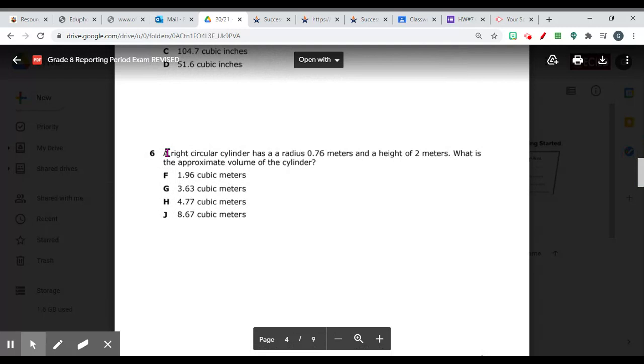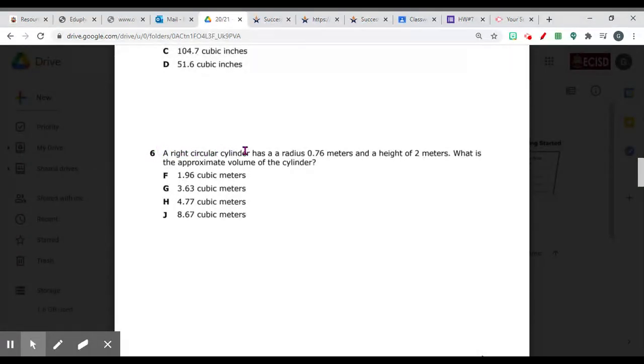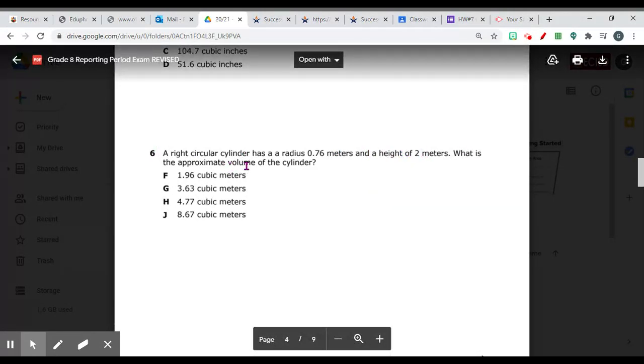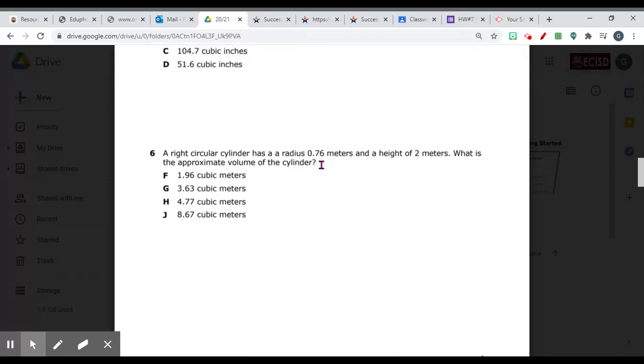Number 6. A right circular cylinder has a radius of 0.76 meters and a height of 2 meters. What is the approximate volume of the cylinder?